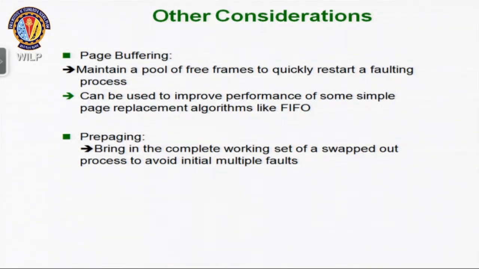Because if a page fault has occurred and we are looking for a replacement, and we find a frame which is a dirty frame, then the search goes on. So, we can maintain free frames, which can be utilized immediately as soon as a page fault occurs.